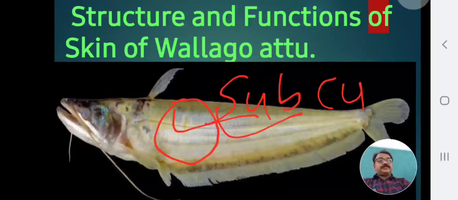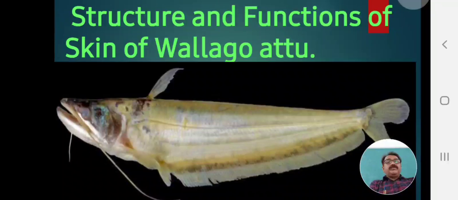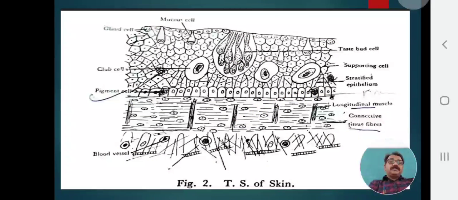This subcutis is the third layer, present in those fishes where scales are absent on the body. Here we see the transverse section of skin.